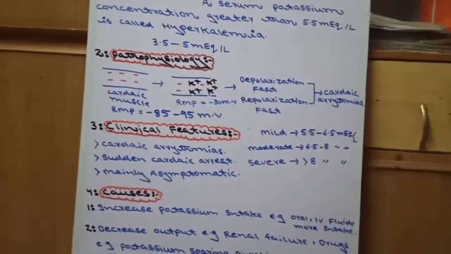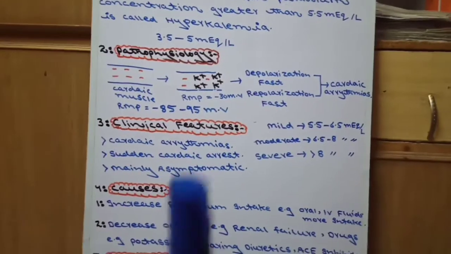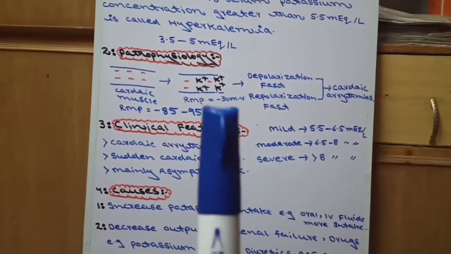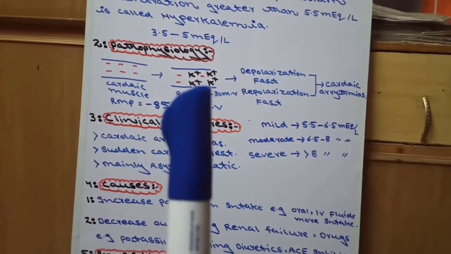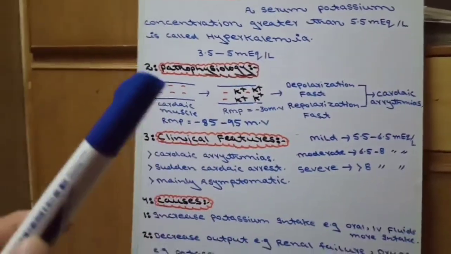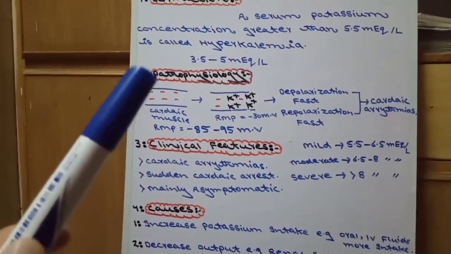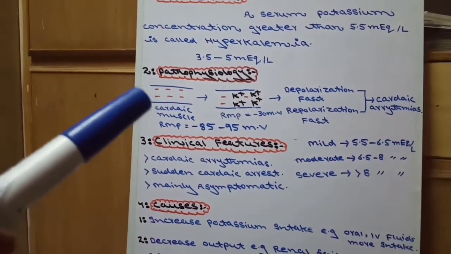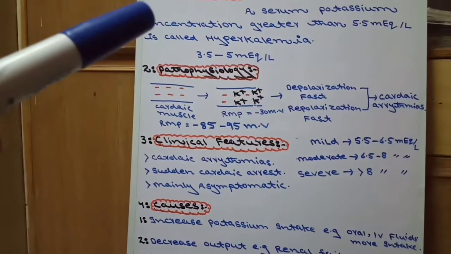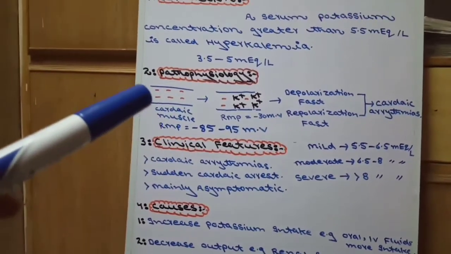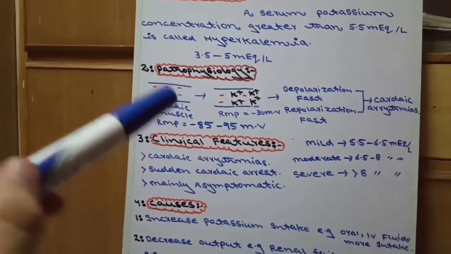When the resting membrane potential reaches minus 30 millivolt, the chance of depolarization of the cardiac muscle increases. When the resting membrane potential is more negative, more sodium ions are required to move from outside the cell to inside the cell to change this negativity into positivity.